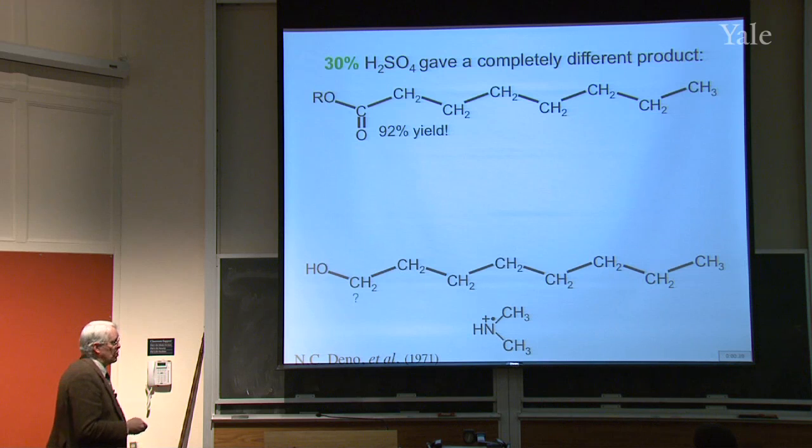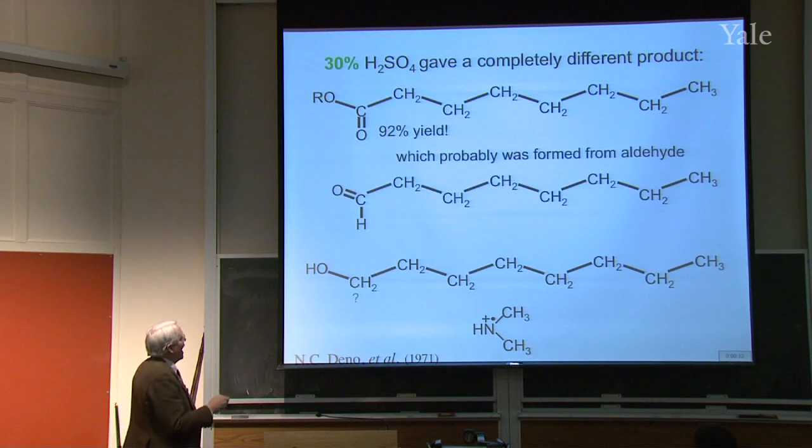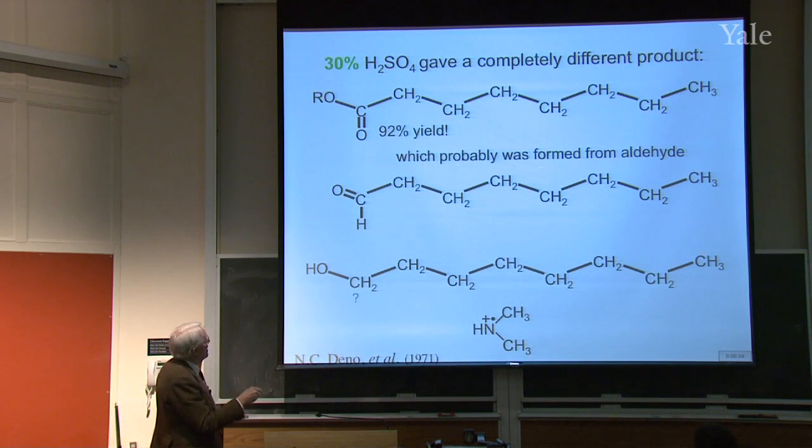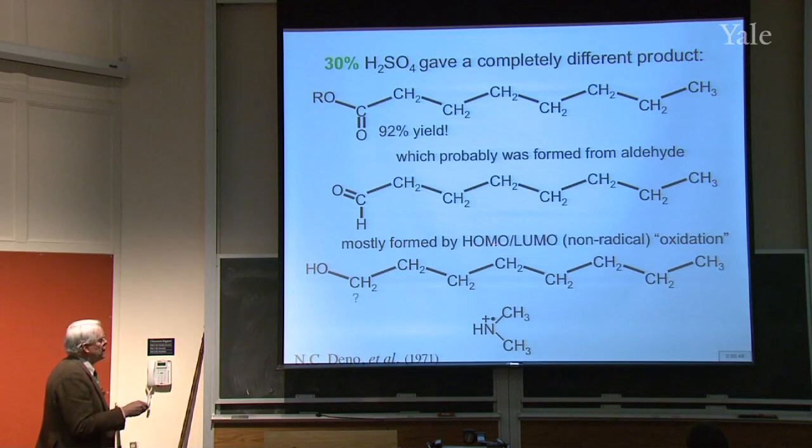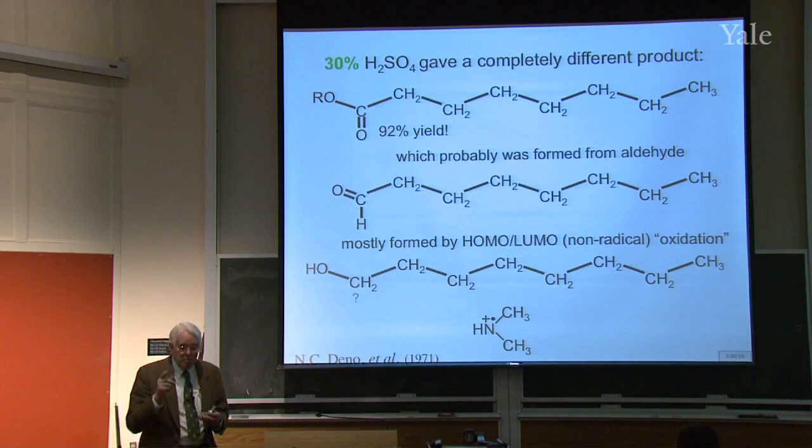The two H's are removed and oxygen's put on. And that probably got formed from an aldehyde. The first thing that probably happened was that you changed this CH2OH to C double bond O. Mostly that's formed not by a radical, though it could be formed by the radical chain reaction.